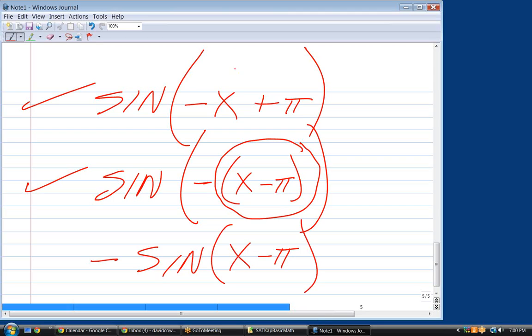So when you have something like just a negative sign and a phase shift, and you're trying to figure out how to get the negative sign out from inside the parentheses, you have to do that process there. Add an extra set of parentheses, and then you have negative an angle. It's the same thing as negative the sine of that angle, and that angle is x minus pi.